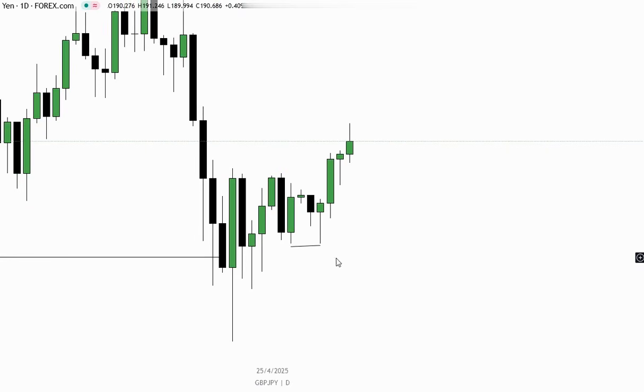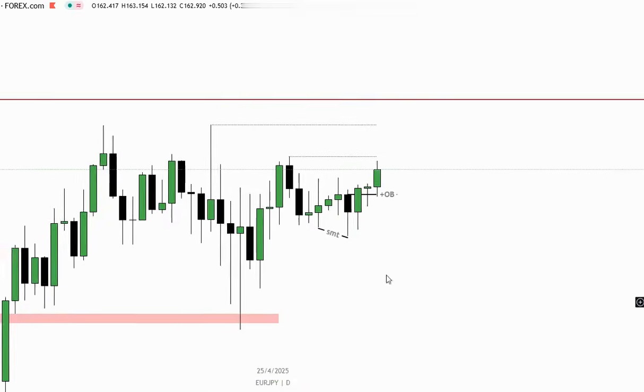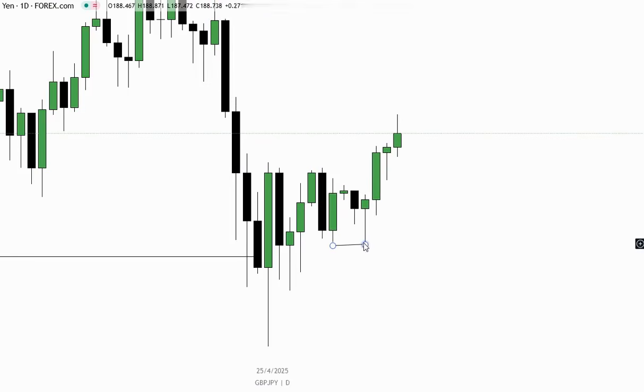So we have a failure swing. When this Tuesday low pumped lower on EJ here, on GJ it did not do that, right? So that is an SMT.